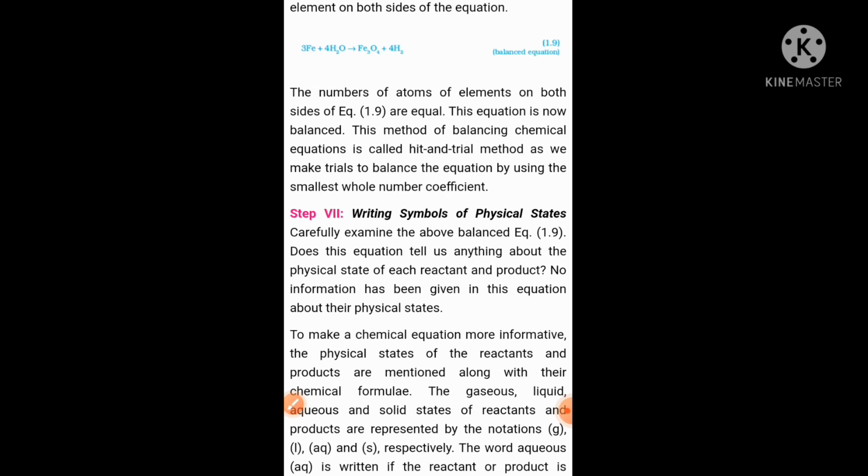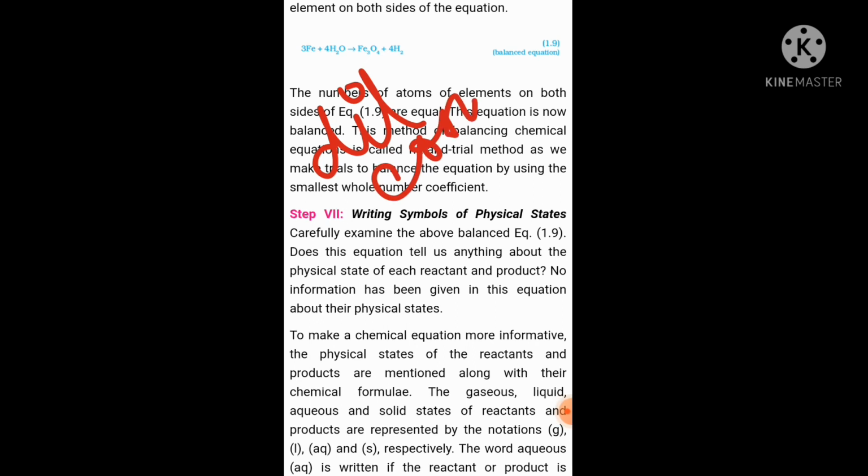Okay, so dilute, how to write? DIL for dilute, or for concentrated write CONC. Okay, that is for concentrated and this is for dilute.